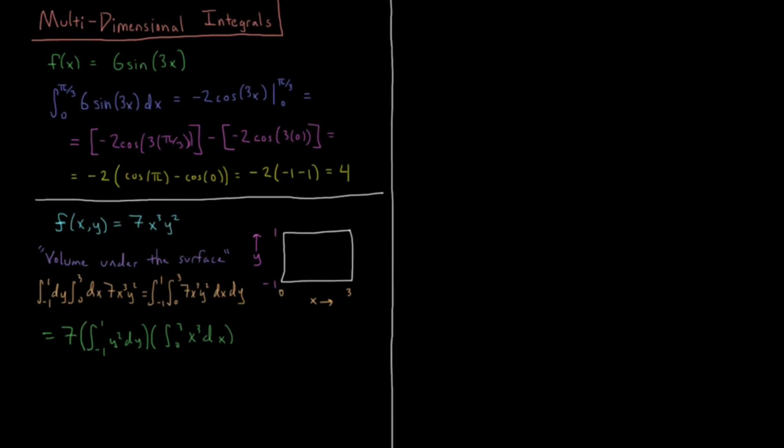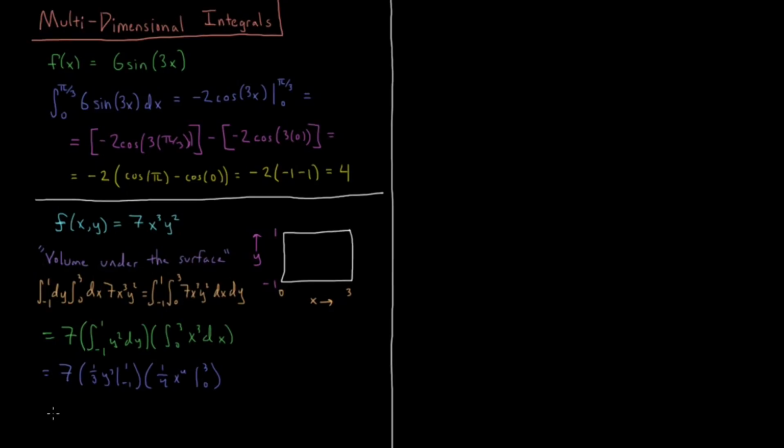Then I would evaluate each of these individual integrals. So I'd have 7 times 1/3 y cubed evaluated from minus 1 to 1, and 1/4 x to the 4th evaluated from 0 to 3.